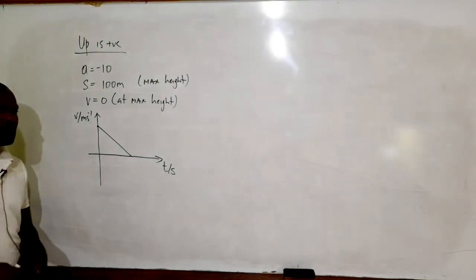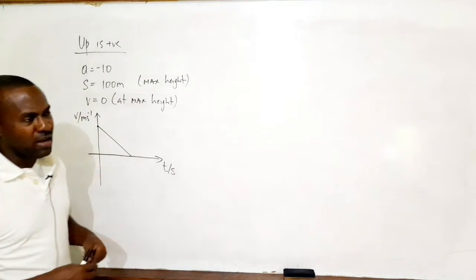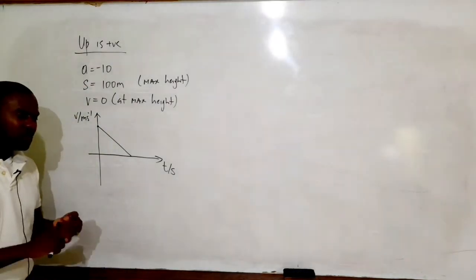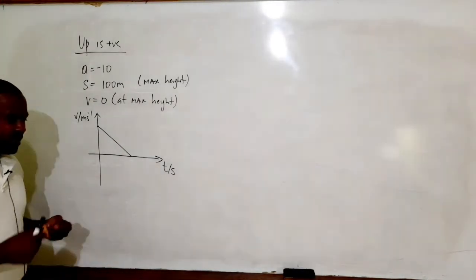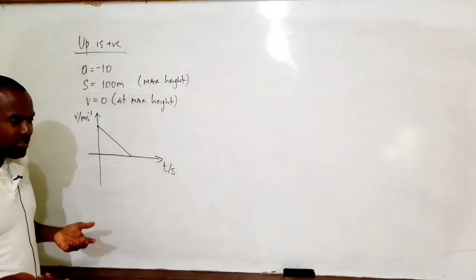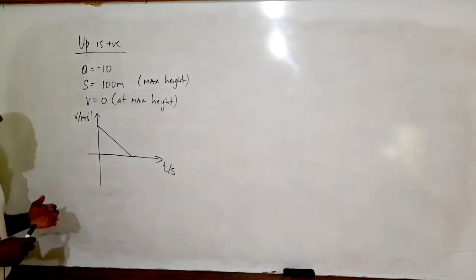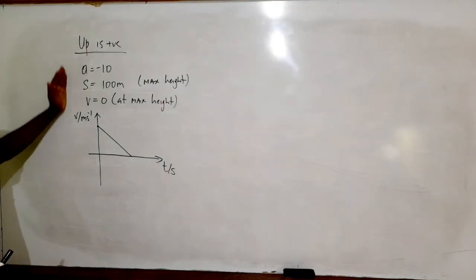So we have different permutations for a body's acceleration, right? We have different combinations of speed and direction. So a body whose speed is increasing in a positive direction will have a positive acceleration. If the body's speed is decreasing in a positive direction, as in this case with the arrow going upward, then that will be a negative acceleration. Good?